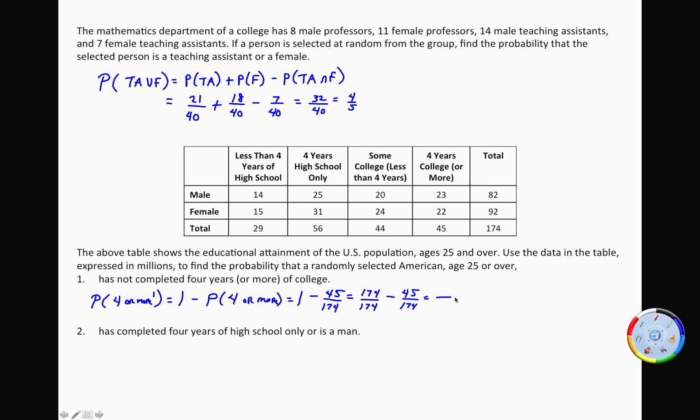And then once we have the denominator the same, we simply subtract the numerator. So what would that be? 129. Let me double check. Okay, so 129 over 174.